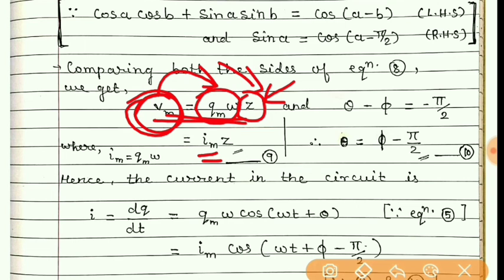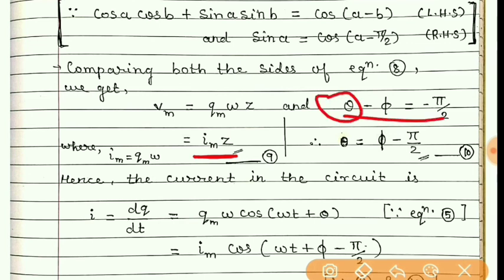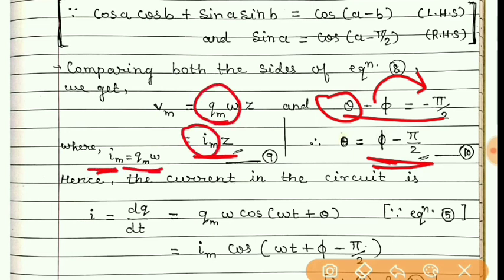So similar to that we get Im Z, and here making theta the subject, this phi is brought to the other side, so it will become positive. So theta equals phi minus pi by 2. I have mentioned that here this Im is nothing but Qm into omega.